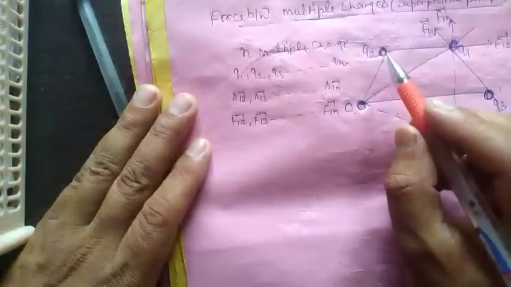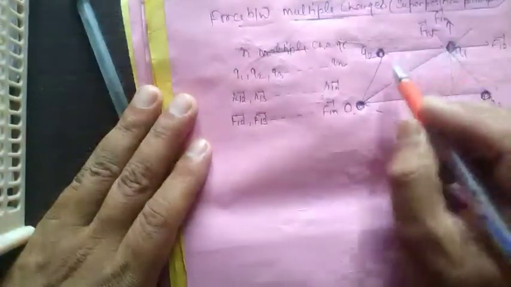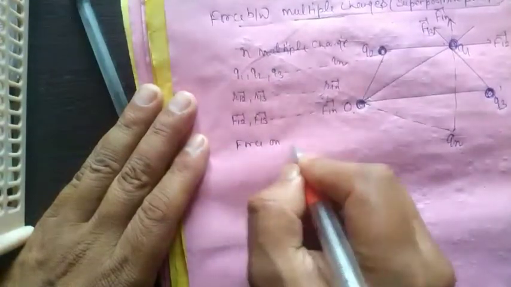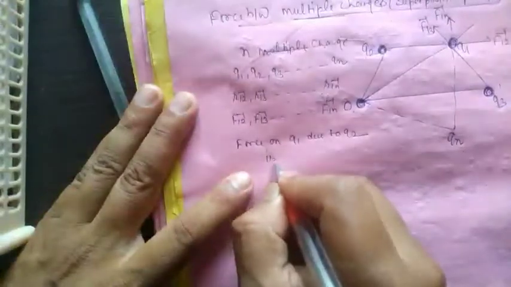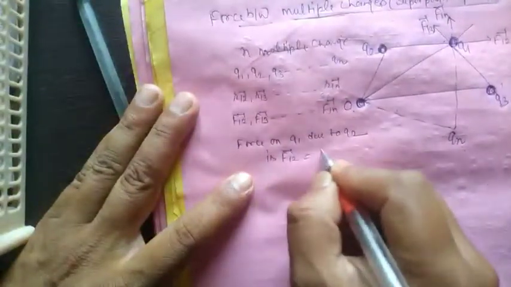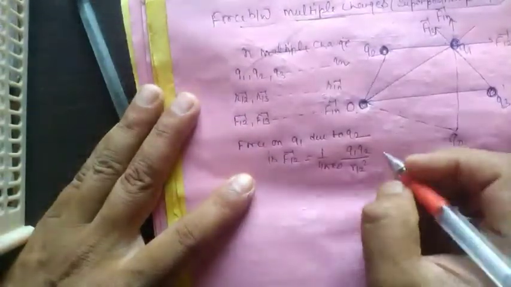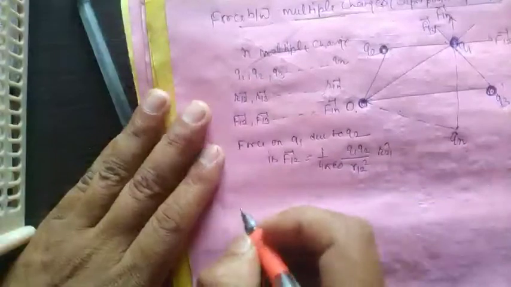Then force on q1 due to q2 is F12 equals 1 upon 4 pi epsilon naught q1 q2 upon r12 square, r21 unit vector. Clear?